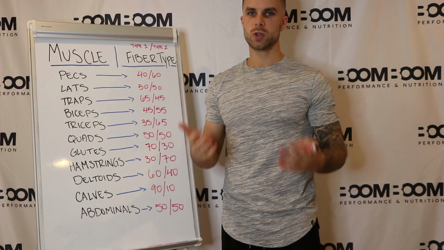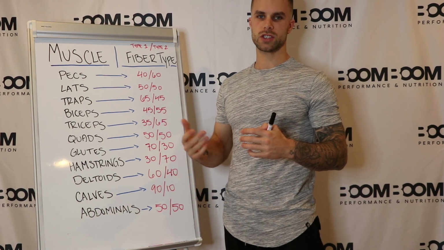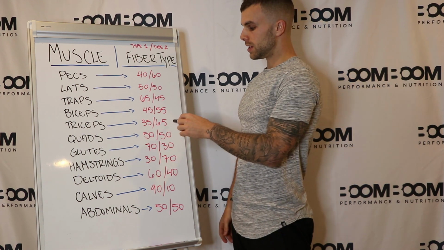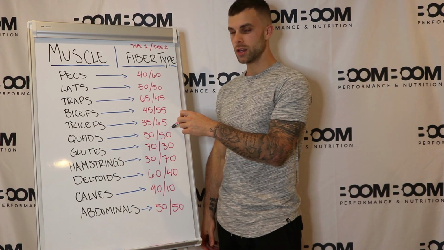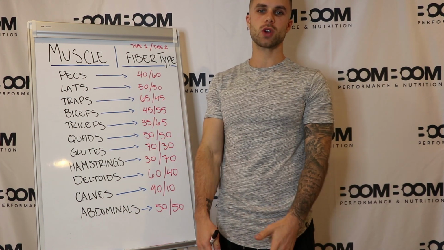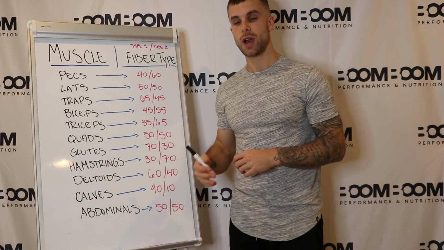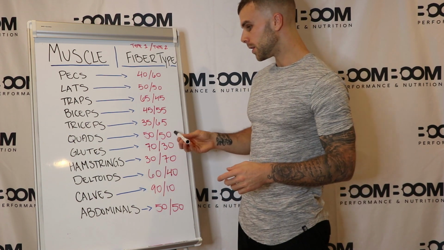But a lot of times we do high rep curls because, again, it's a pretty even spread, and too heavy of curls is going to bang up your elbows. Triceps, 35-65. Similar to the biceps, but a little bit more type 2 dominant, which means heavy work. But again, this is why we don't need to do a ton of tricep work if you're doing heavy overhead press and heavy bench press, because the tricep is a supportive muscle for pressing movements.